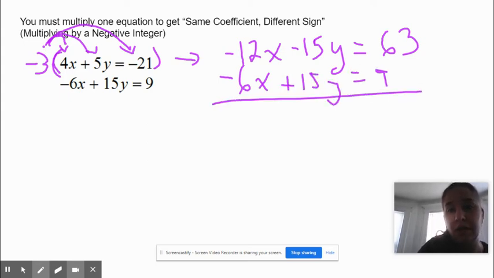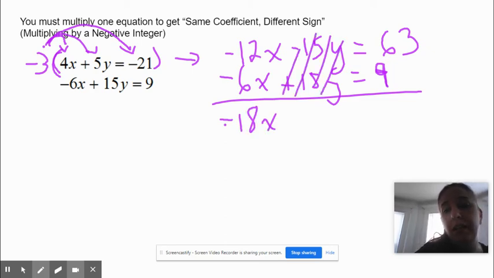So this is kind of sloppy. I do struggle with writing well on this. And now it's just what we've been doing for 2 weeks now. -12 minus 6 is -18x. My 15s cancel out. And then 63 plus 9 is 72.